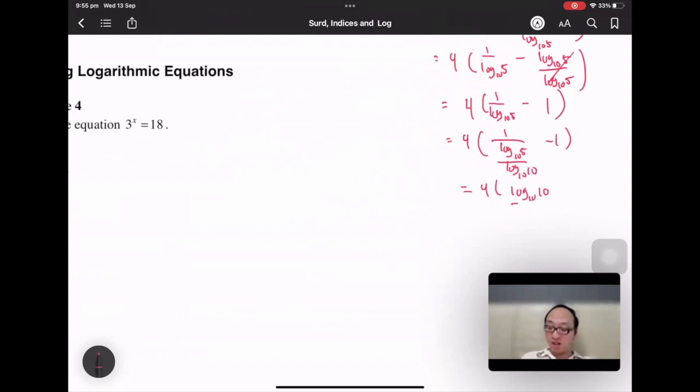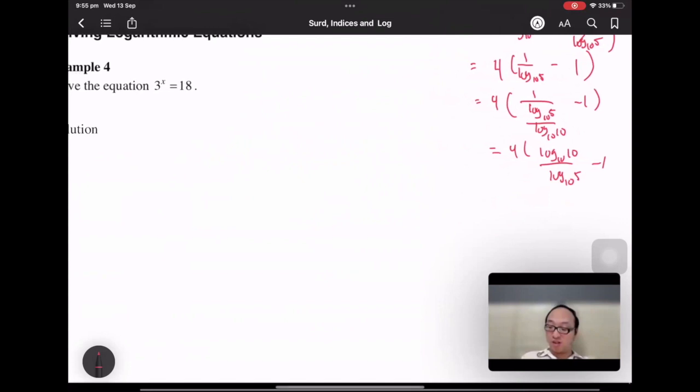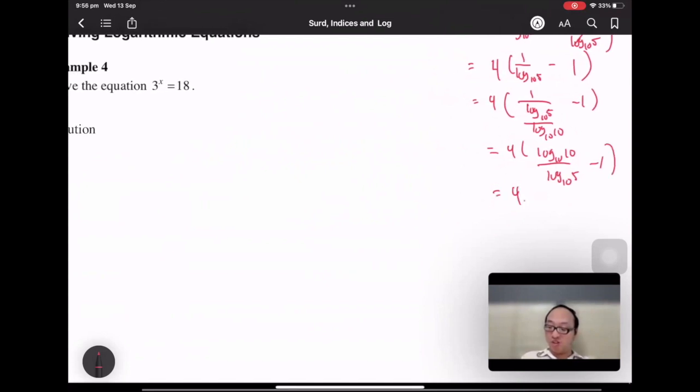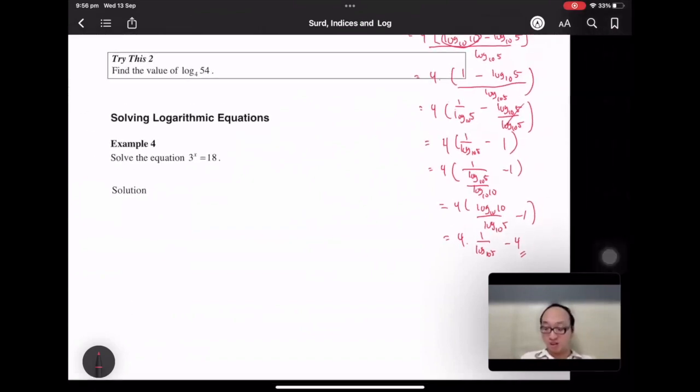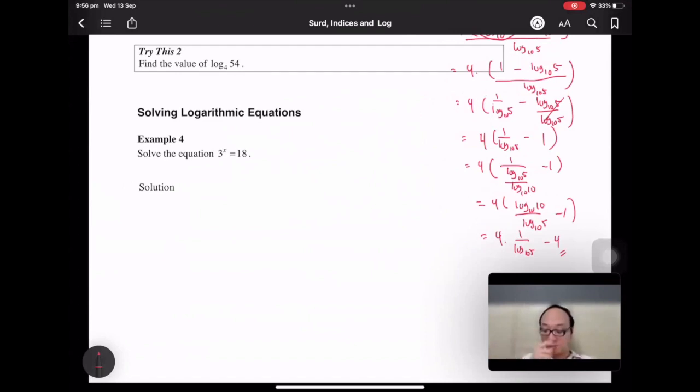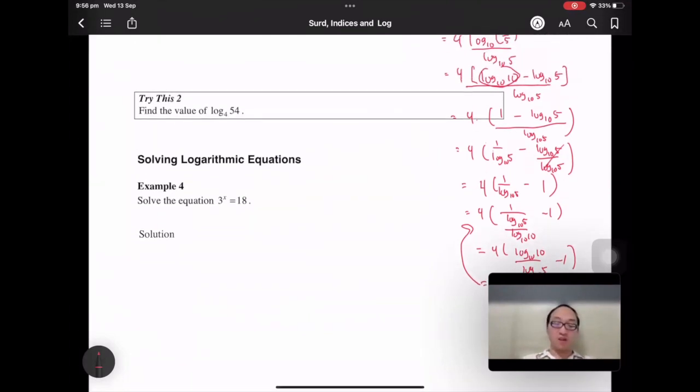Log 10 of 10 over log 10 of 5 minus 1. So equals to 4 times 1 log 10 5 minus 4. So this is the final answer. In this case, because the base is 10, it will be the same as before. But if we have a different base, the value can be different. You can try this too for the exercise.